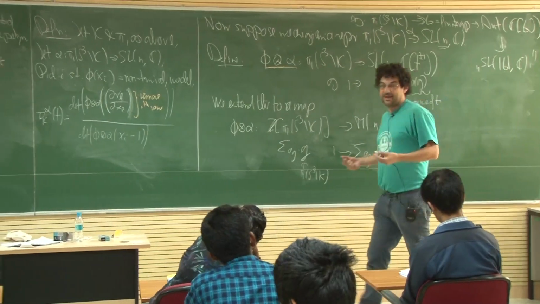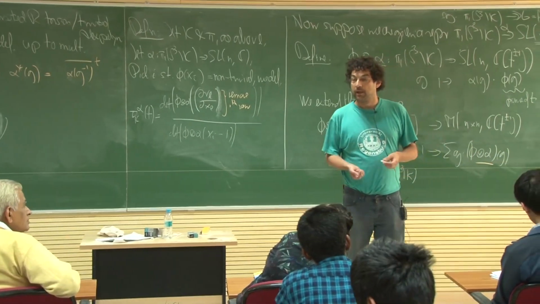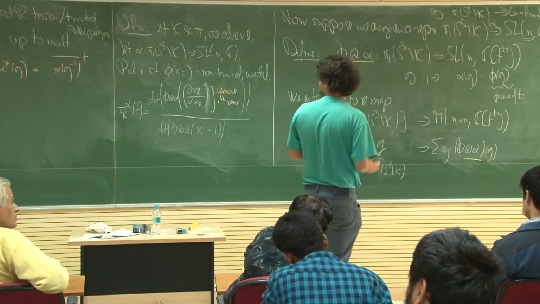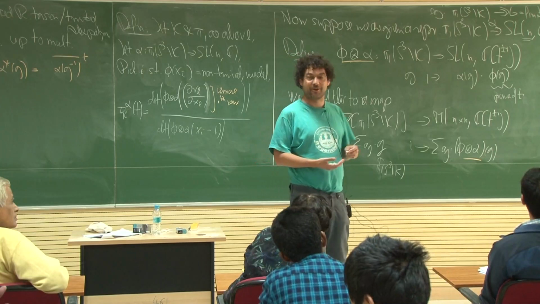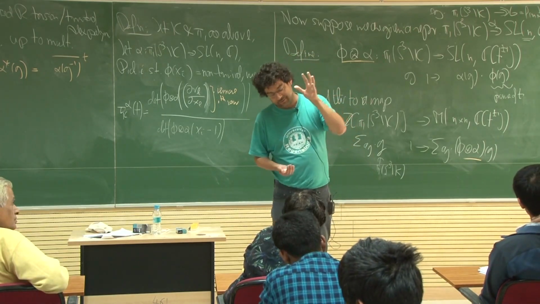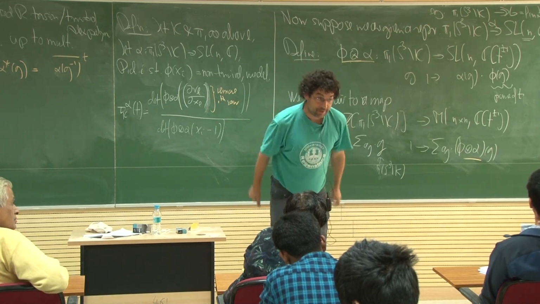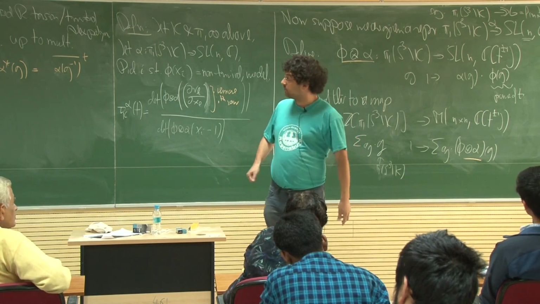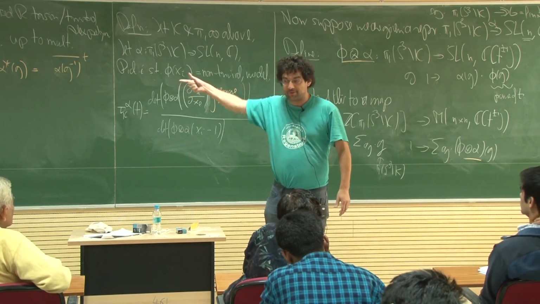Okay, so that's something you can do. Back in the day when I was a postdoc and still had time, I wrote a computer program which takes a knot and tries to find such representations. It computes these twisted invariants.